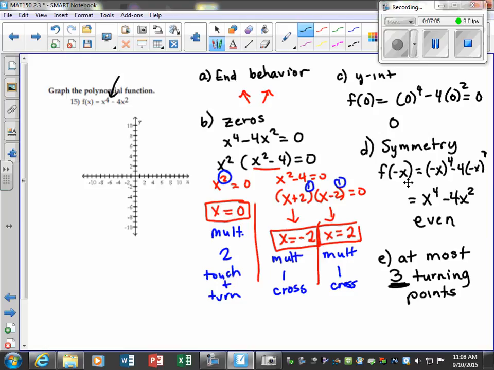We have a y-intercept over here, which is 0, 0, so that's where it crosses our y-axis. So let me just put a little dot there. That's my y-intercept. I have zeros at x equals 0, which ends up being the same as the y-intercept. Let's do x equals negative 2, and let's do x equals positive 2.